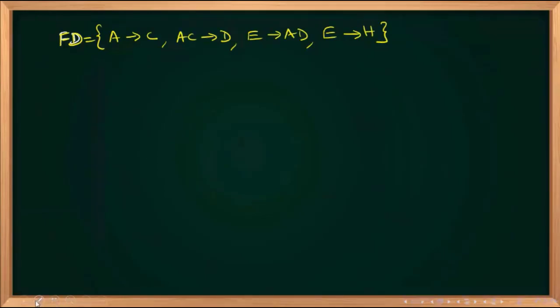Try it and tell the answer. After that, I will do it. The set is A to C, AC to D, E to AD, and E to H. Try it and tell the answer fast.